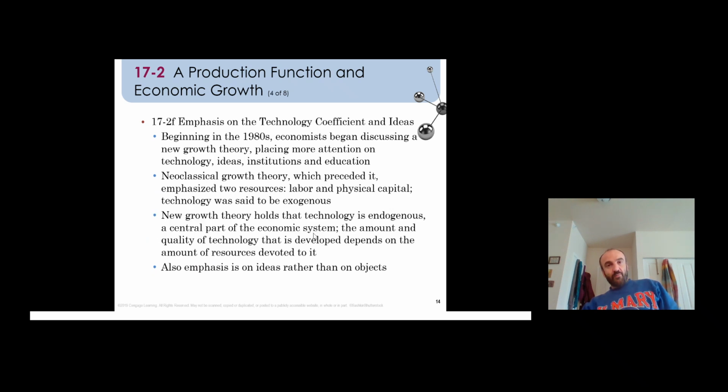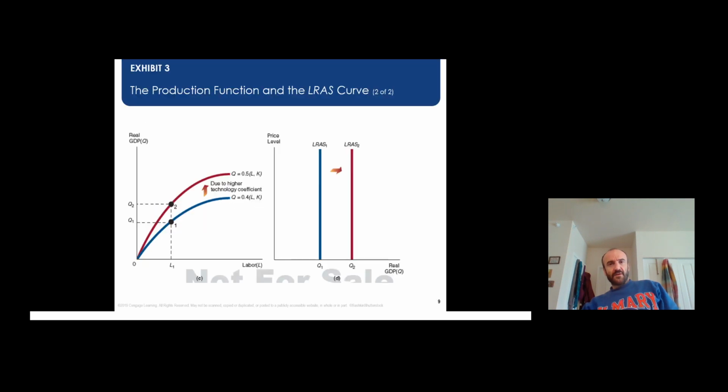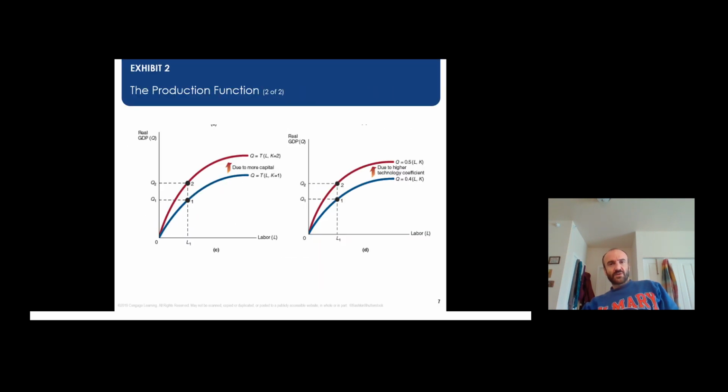Now, before the 1970s, 1980s, this was the dominant view of how long-term economic growth occurs. This was the so-called Solow model of economic growth that assumed that the main way you can grow is by saving more and sacrificing more right now.